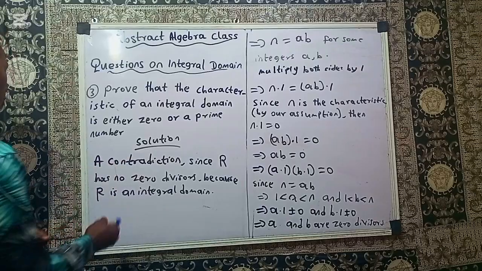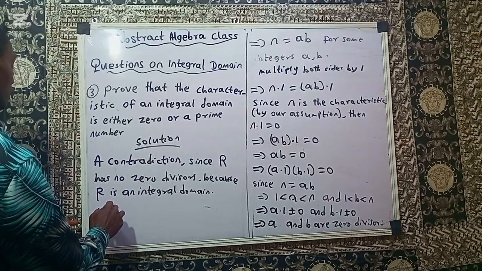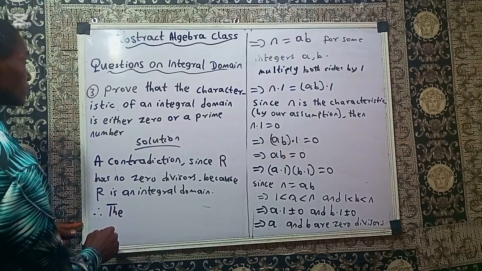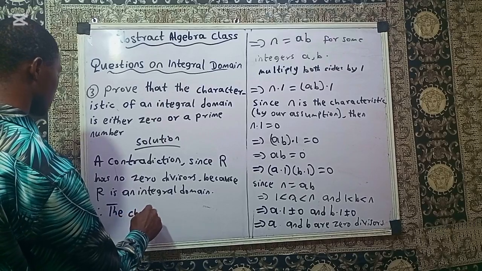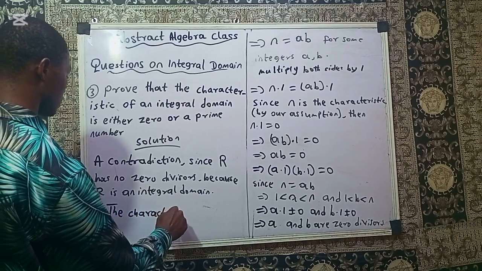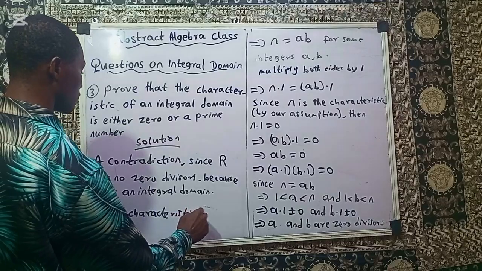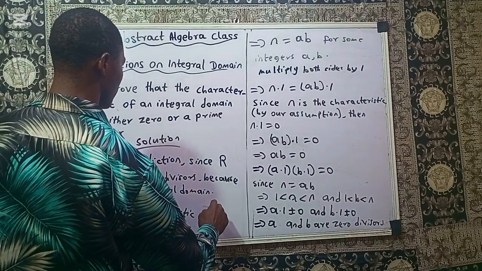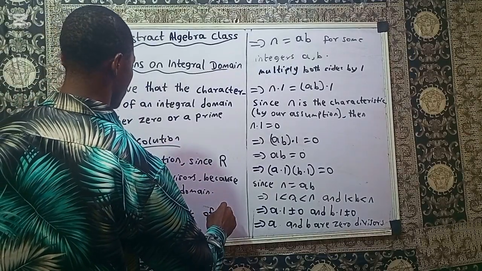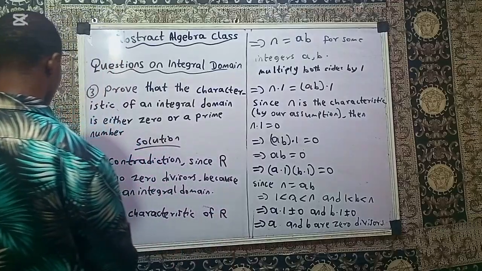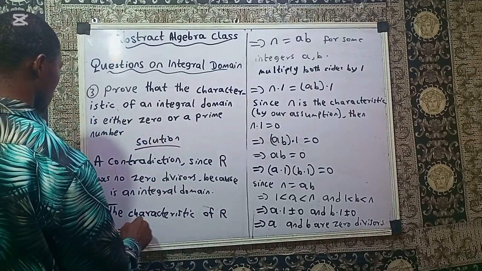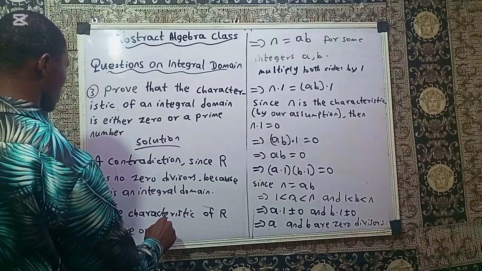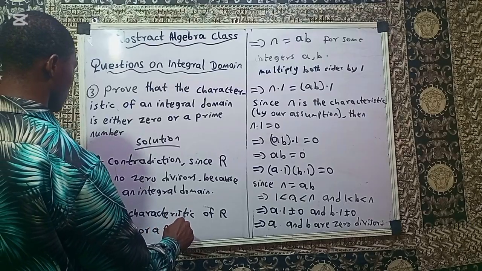So we can make the conclusion here: the characteristic of R is zero or a prime number.